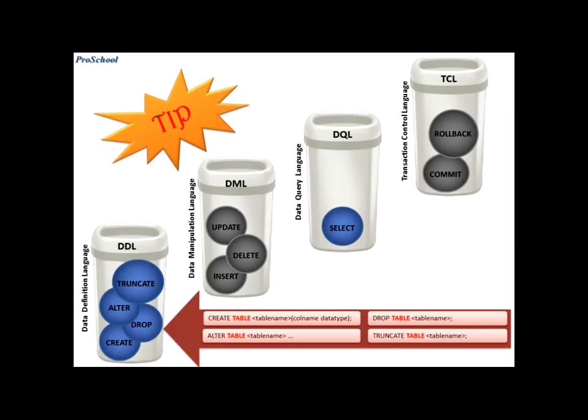Whenever any command is prefixed or followed by a table keyword, that command is a DDL command, and all the other commands are DML while playing with the data, except select, commit and rollback. Exactly, this will help you to remember it lifelong.